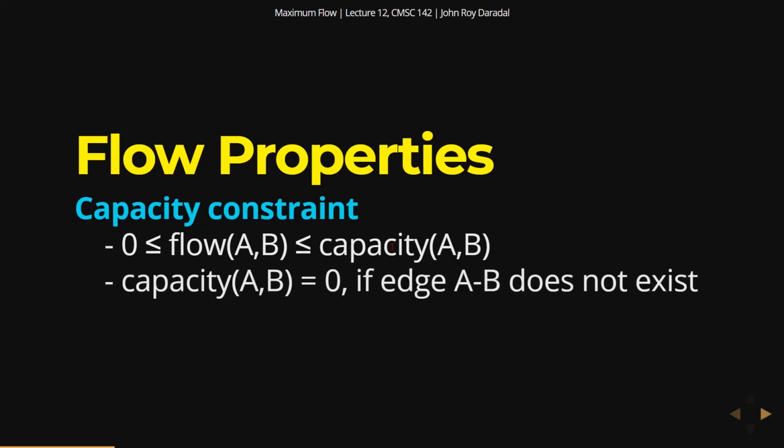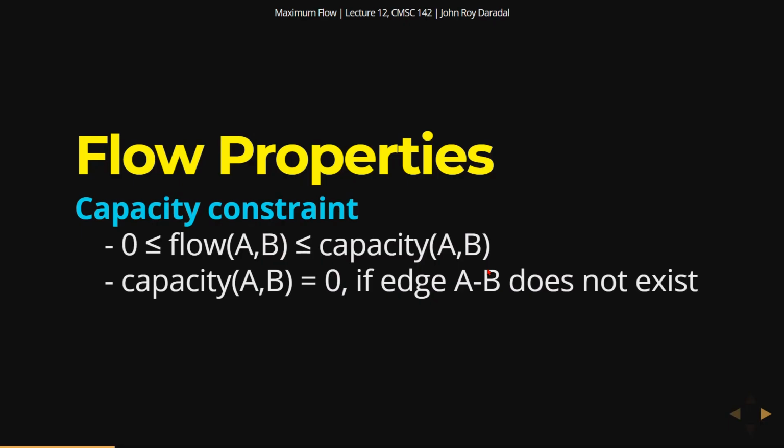If the edge A to B does not exist, then of course it doesn't have any capacity because there is no direct edge that connects A to B. If we go back here, let's say S to E doesn't have an edge, so the capacity from S to E is 0 because there is no such edge. So that is the first property, capacity constraint.